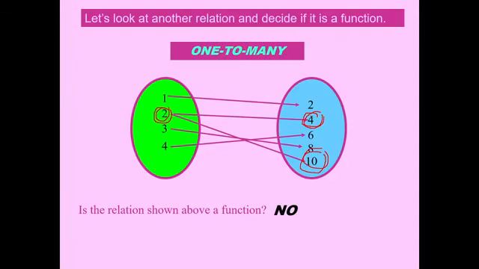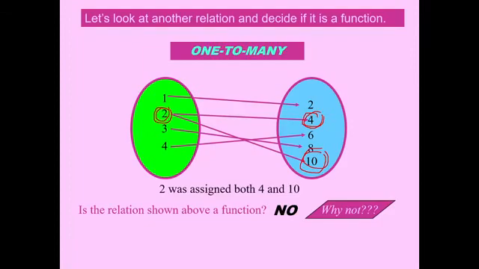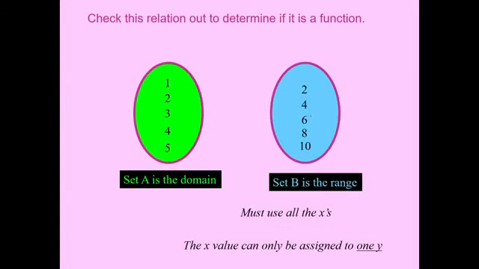Therefore, a one-to-many relation is not a function. Okay? Now, why not? 2 was assigned to both 4 and 10. There you go. So, that cannot be. Now, let's verify. Is this a function or not a function?